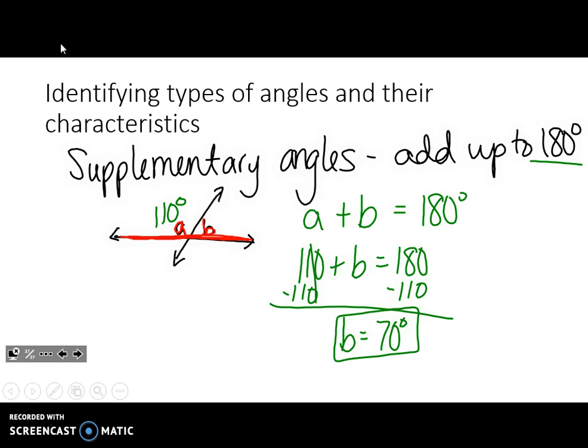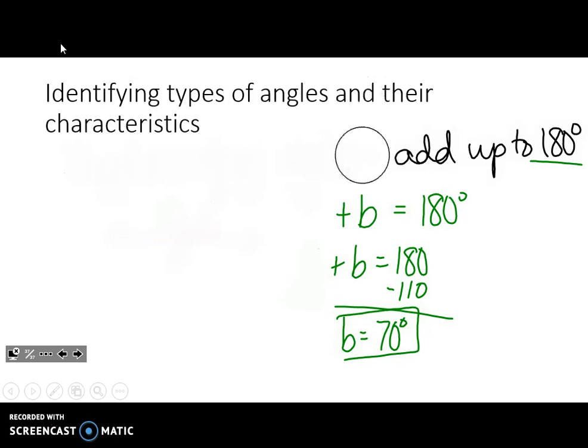So within this small section, you're going to have to identify whether they're vertical, complementary, or supplementary, but you're also going to have to be able to tell what angle measurement they have. So let's do a couple in your notes so that you get familiar with these.